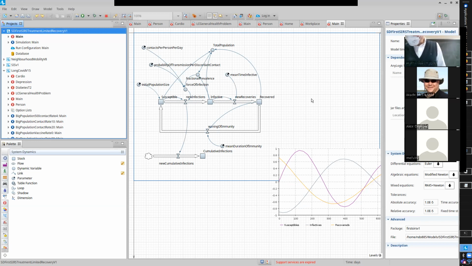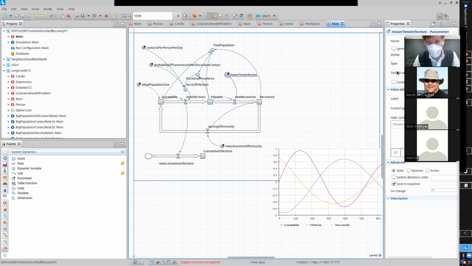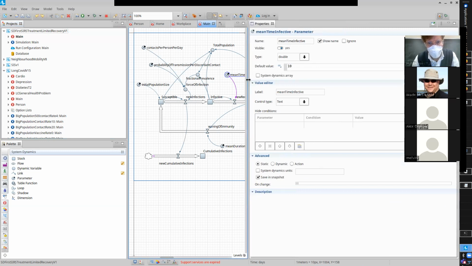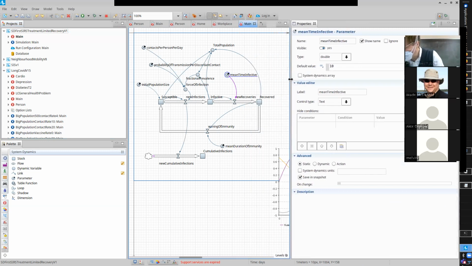So I'm going to now turn mean time infective. Right now, mean time infective is a parameter with a default value of 10. I'm instead going to change this to be a dynamic variable, with some variable time depending on how many healthcare workers are available and how many people are waiting for treatment.